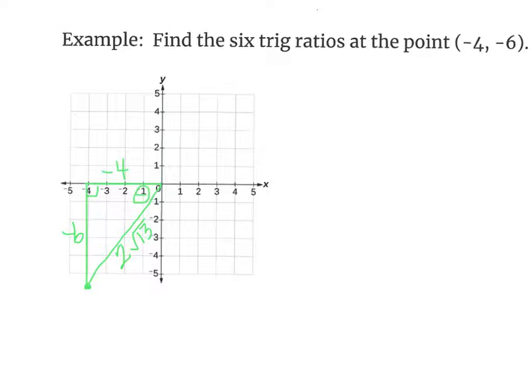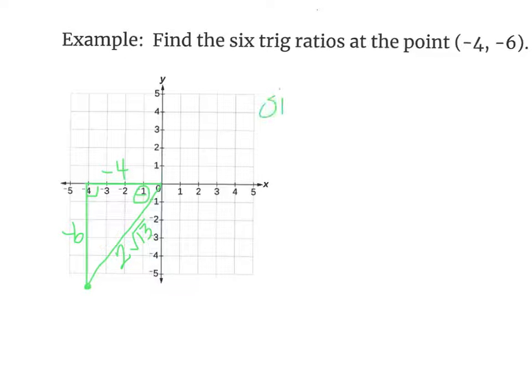If theta is the reference angle, that makes -6 opposite, -4 adjacent, and the 2 square roots of 13 the hypotenuse.